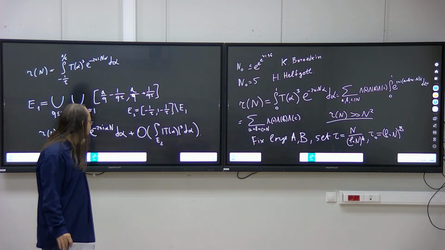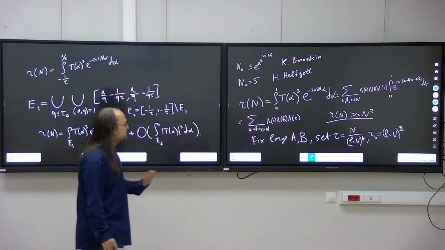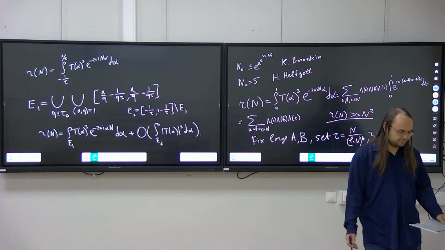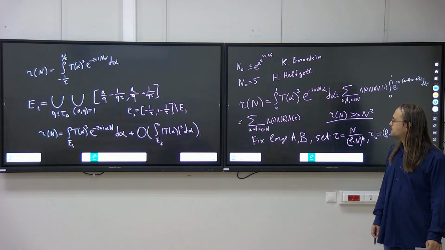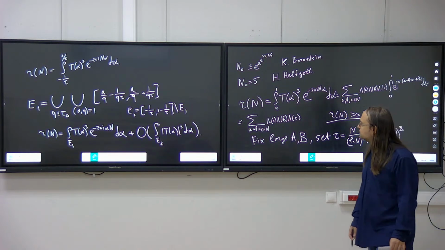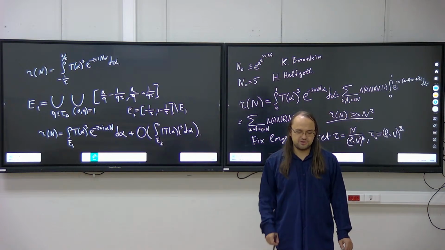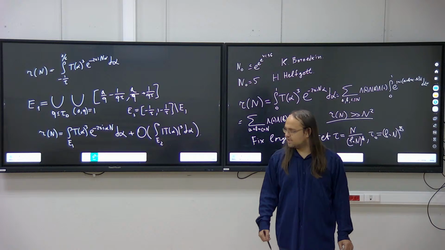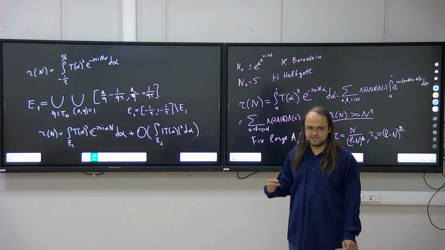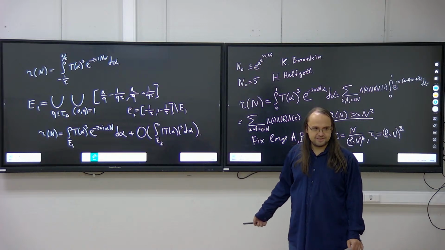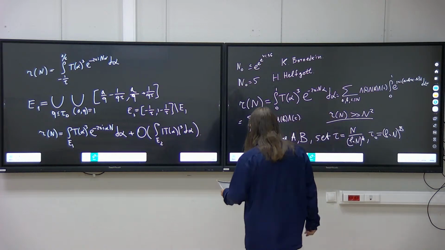But it turns out that the main contribution to the formula will come from E1. How do we get this equality for R of n? You see, your interval is a disjoint union of E1 and E2. And so for E1, you just write the integral, and for E2, you estimate everything trivially.